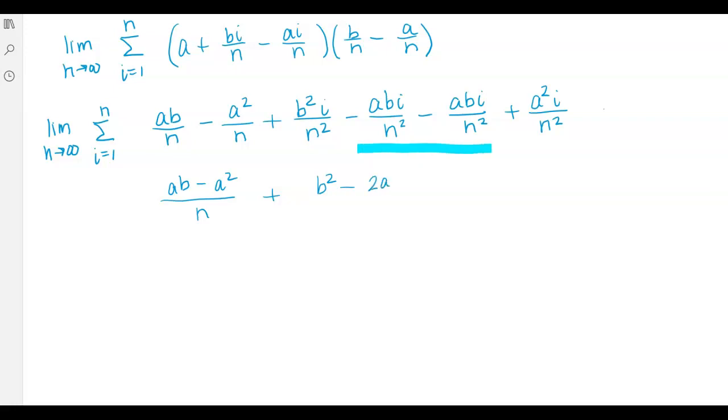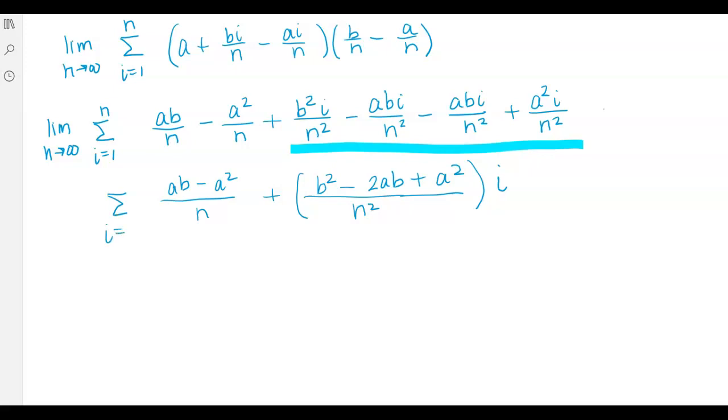Minus 2ab over n squared. Actually, I don't want the i there. I want to put the i on the outside because I know I want to factor that out eventually. So what I've done is I've combined these three. Actually, I can combine all four of those. Let's do all four of these together: b squared minus 2ab plus a squared all over n squared, and then we'll have this i on the outside. I'm doing that because I know I'm going to factor everything outside of the summation that I can.